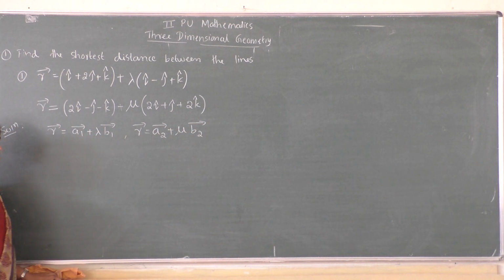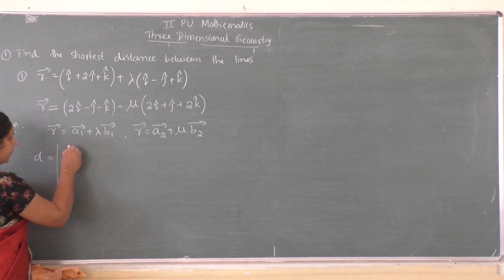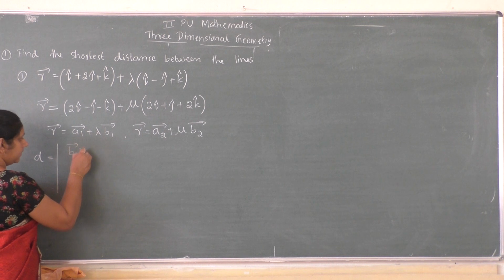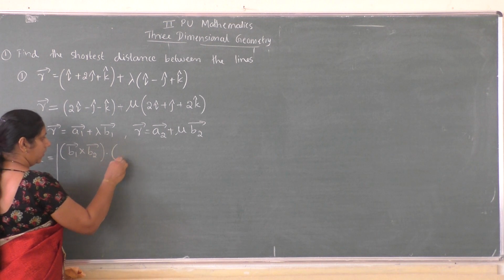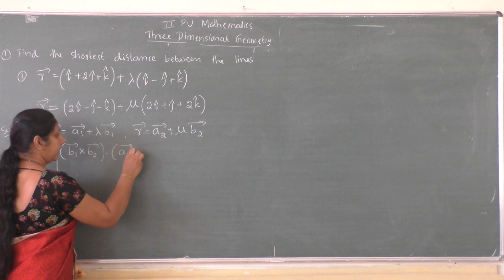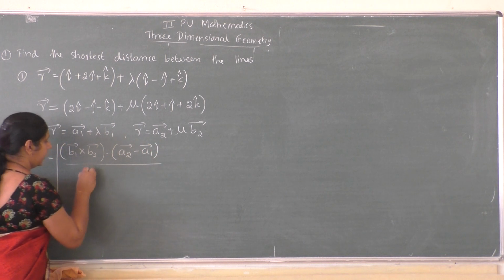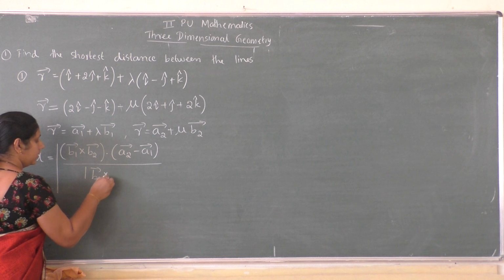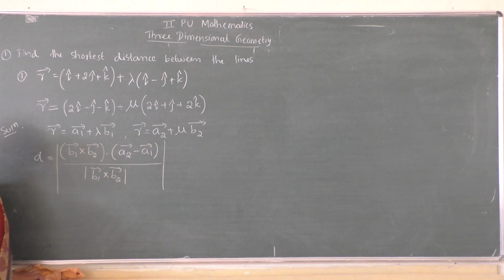If these two lines are skew lines, then the shortest distance d is the magnitude of b1 vector cross b2 vector dot vector a2 minus vector a1, divided by the magnitude of b1 vector cross b2 vector.